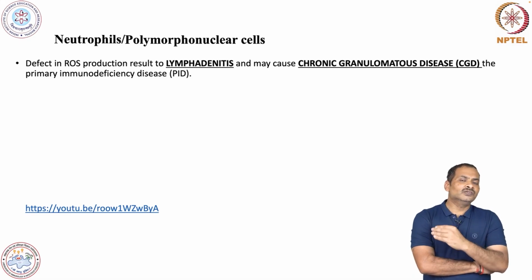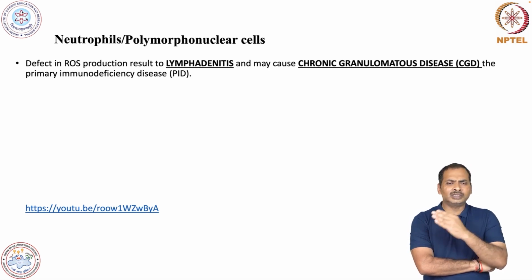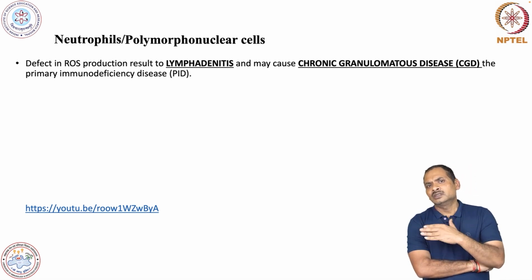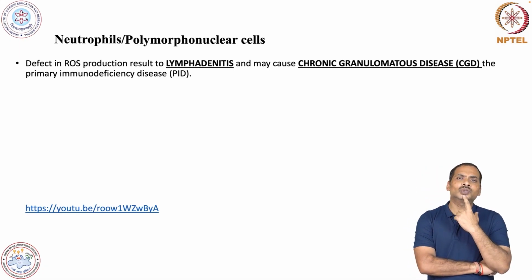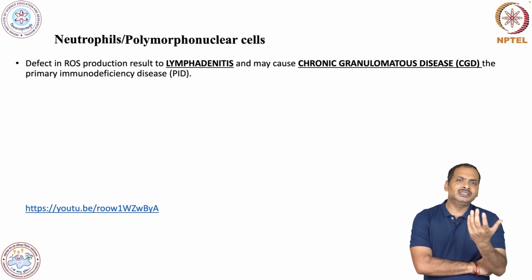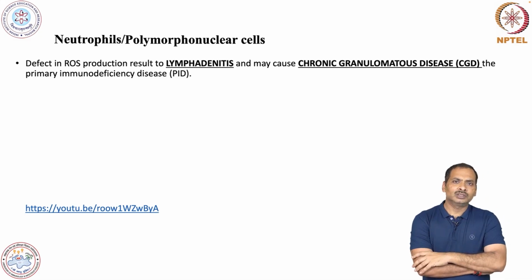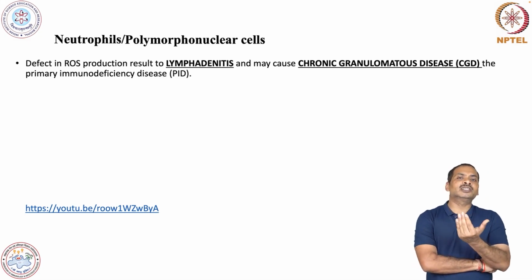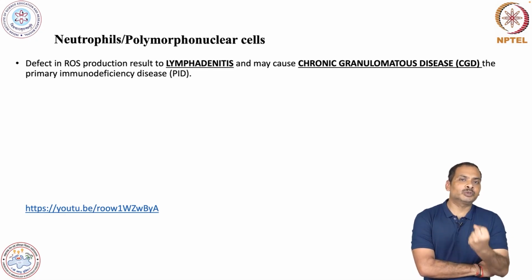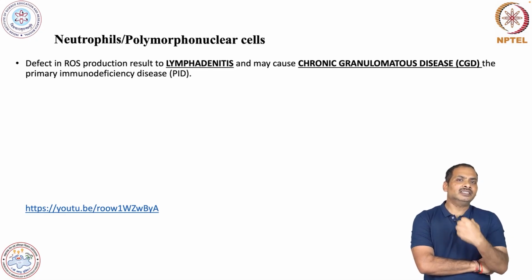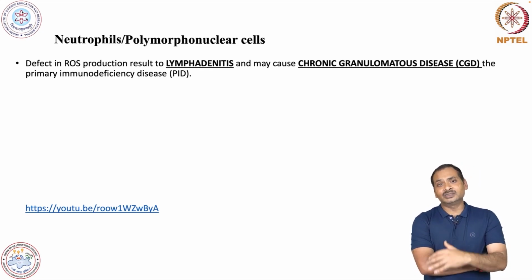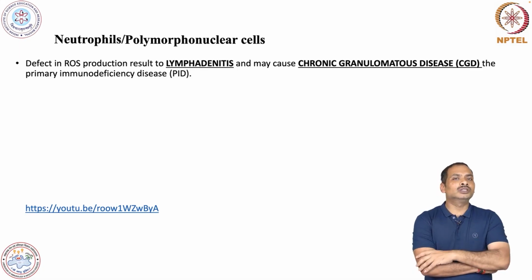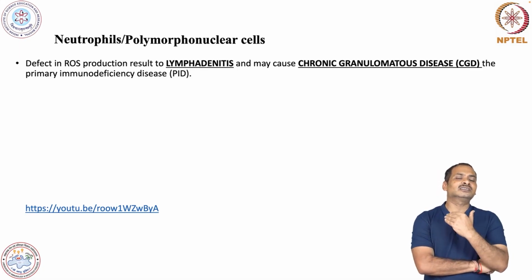Because in the lymph node, the pathogen is not cleared. As you remember from the previous session, I told you that pathogen or antigen will be transported to the lymph node. Okay. And over there an appropriate immune response should be activated, and then there should be clearance of that pathogen, right. But since the pathogen is not cleared, it will go to the lymph node, and that causes problems there.